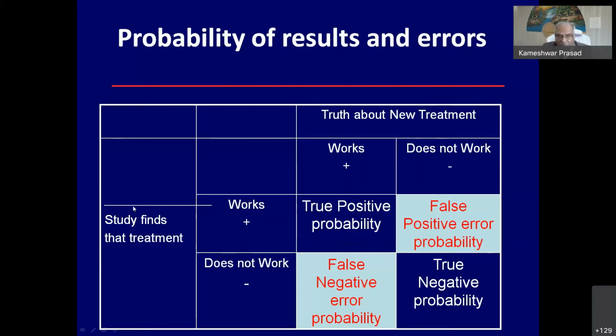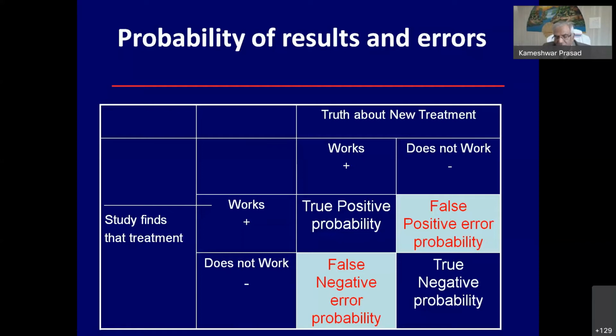But your study rejects that, so you land up with a false positive error. And false negative error probability is the probability of getting a result that the treatment does not work, whereas in fact it works.